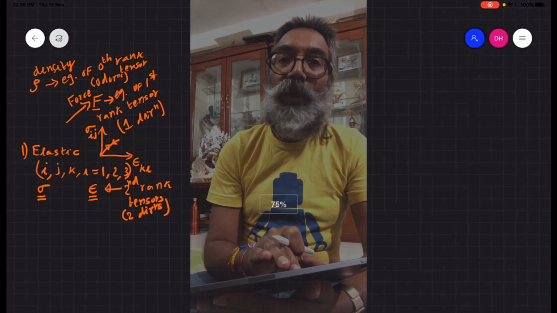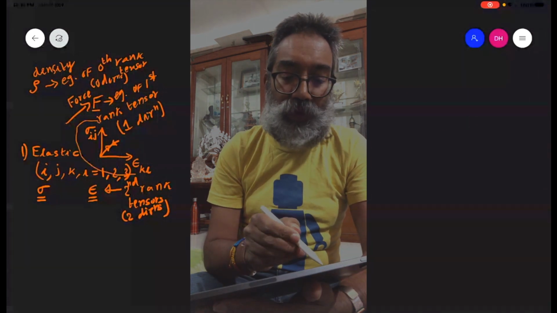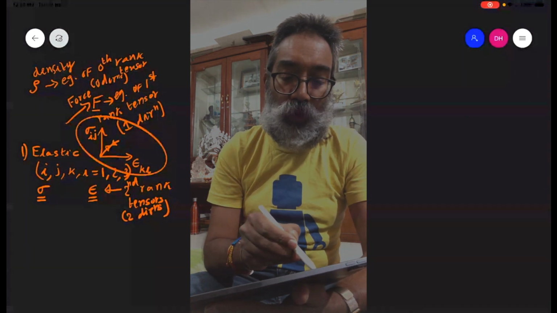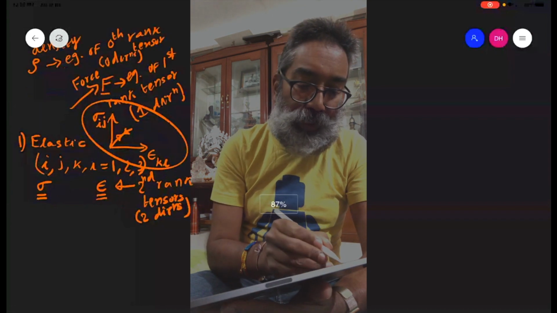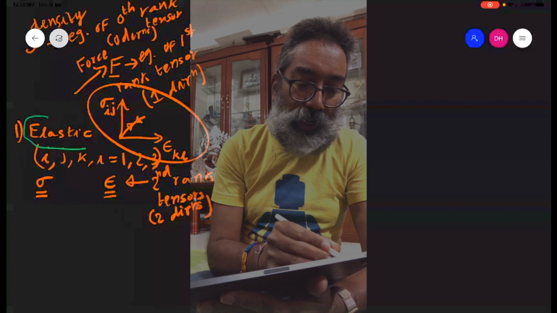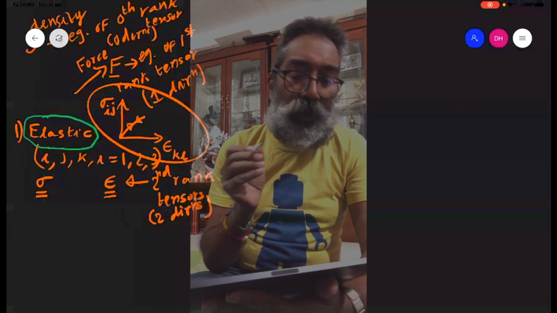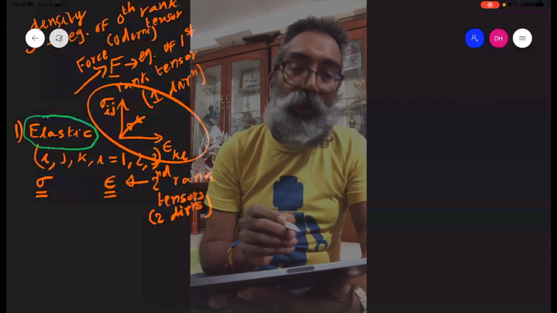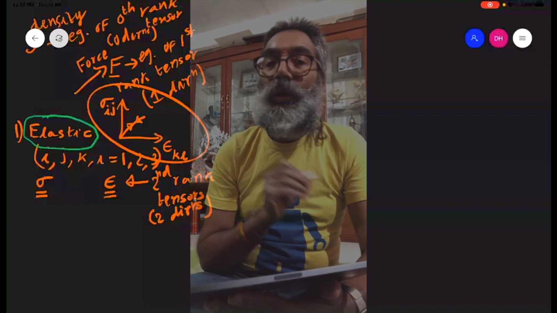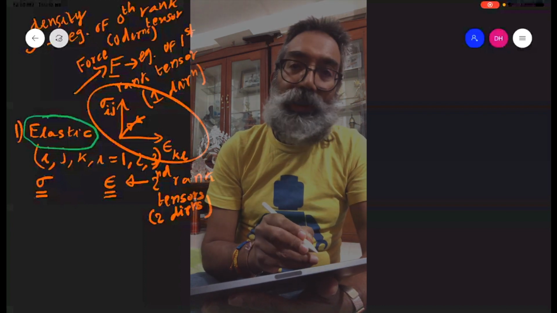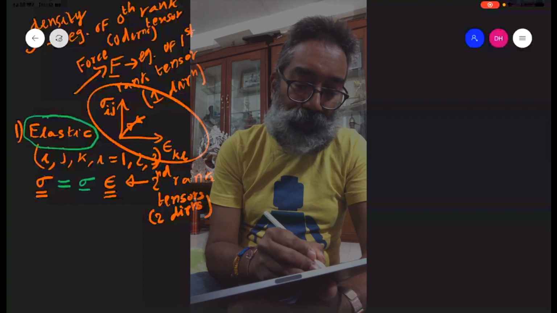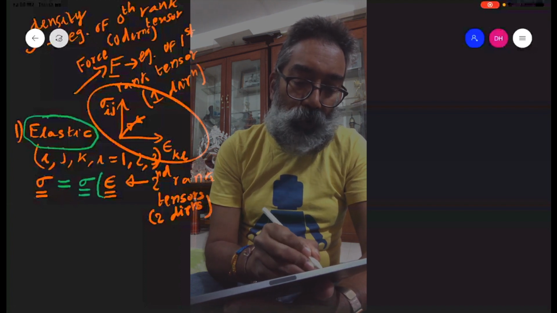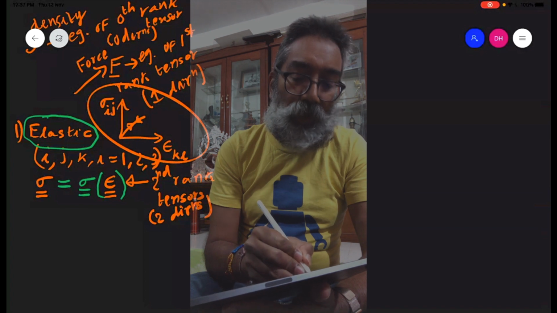So now what we mean by elastic, we have seen from an experimental point of view over here. But now we are interested more in seeing what is elastic from the perspective of the mathematics involved. So now what we are saying is that this sigma is a function only of epsilon.